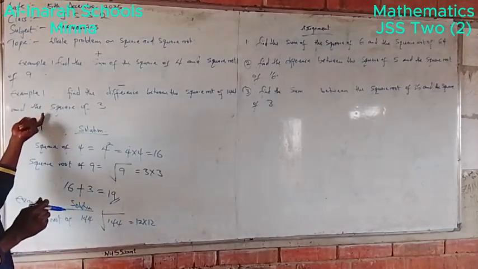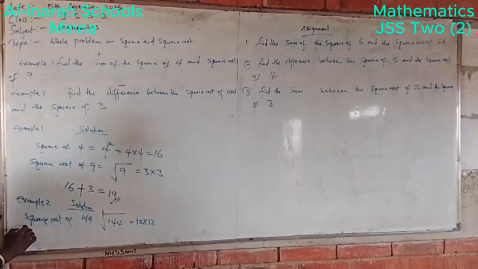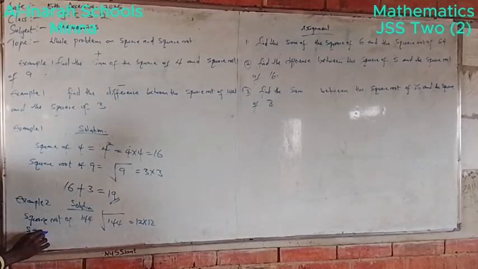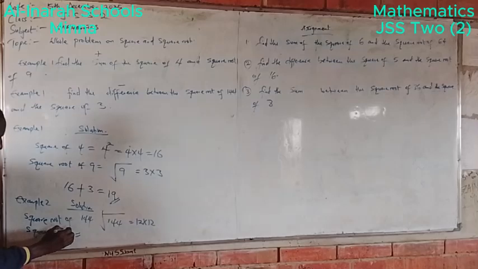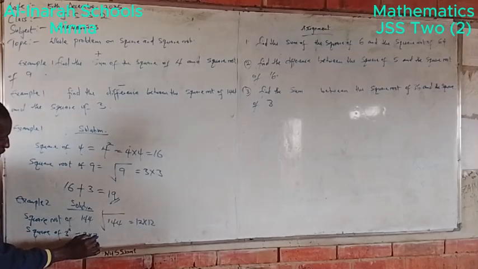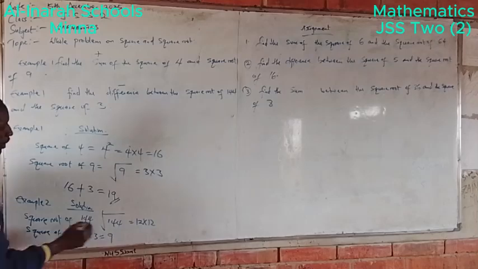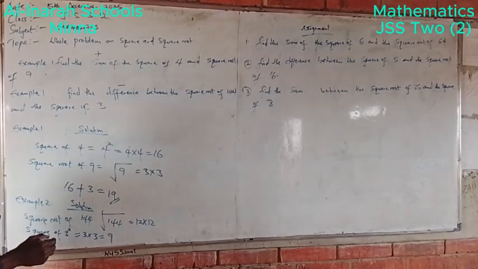While the second question says the square of 3. And the square, as I said earlier, is the power, which is 3 times 3. And 3 times 3 gives us 9. Are we together? Yes.